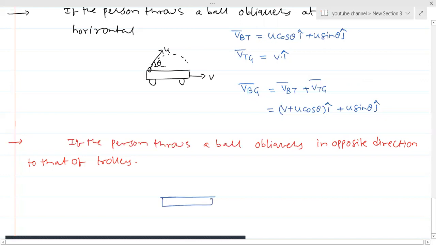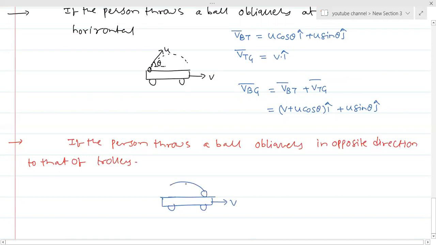For example, this is a trolley which is moving with a speed v, but you are projecting a body in the opposite direction with a speed u and at an angle theta.